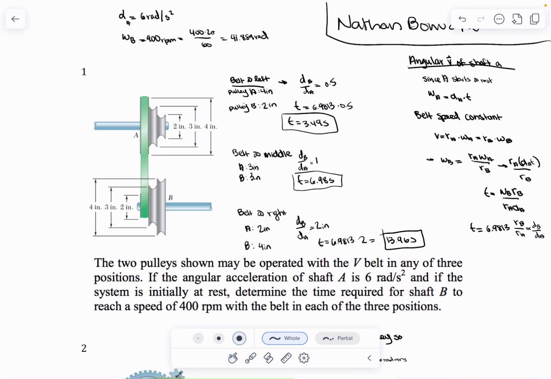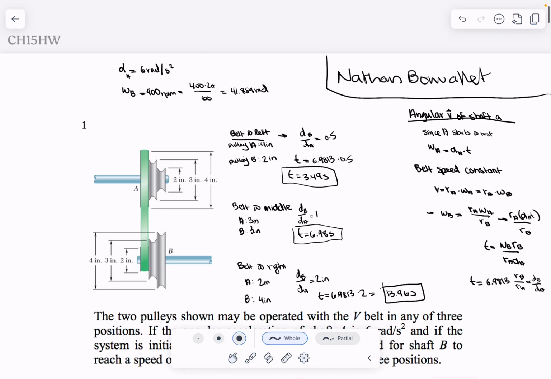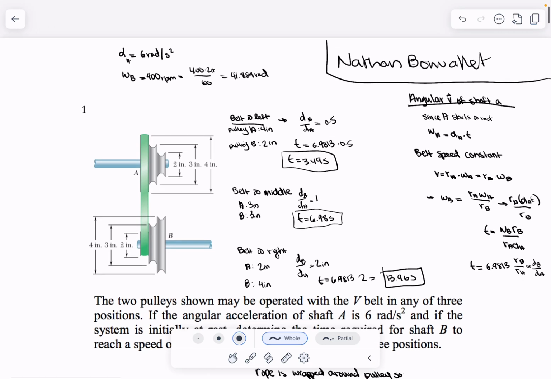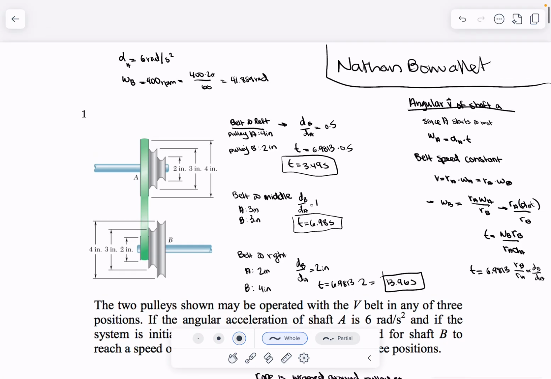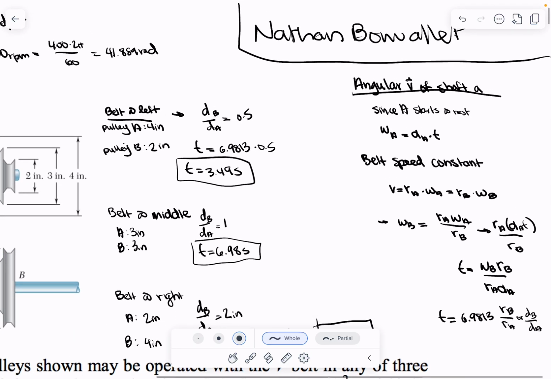So we're given the angular acceleration and angular velocity of B. We're just given the angular acceleration of A, though. We're able to convert that to radians, and then we have to relate the gear ratios pretty much.